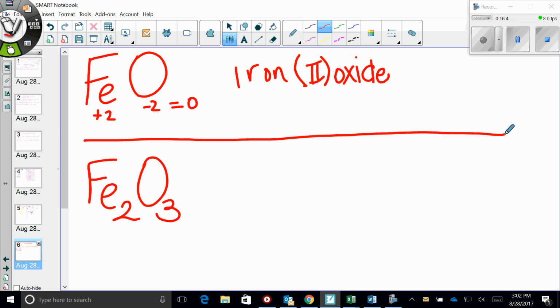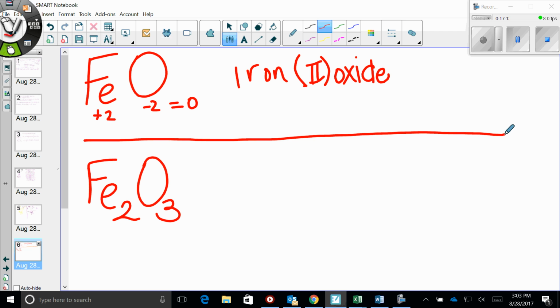Equal but opposite. I had to write -2 and +2, but because oxygen, if I look at the back of my periodic table, has an oxidation number of -2, because it's in the oxygen group, therefore iron had to be equal yet opposite. So it's +2.